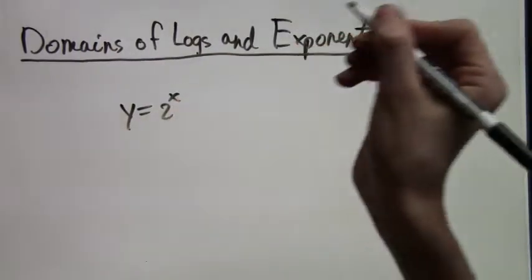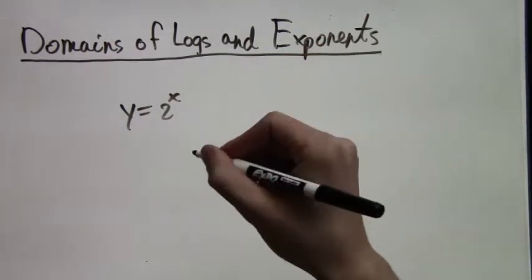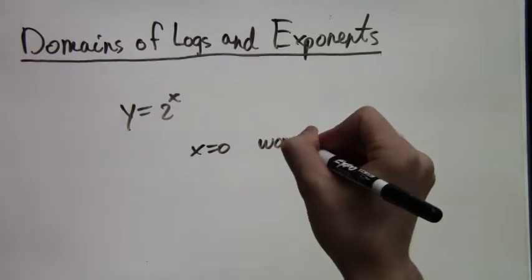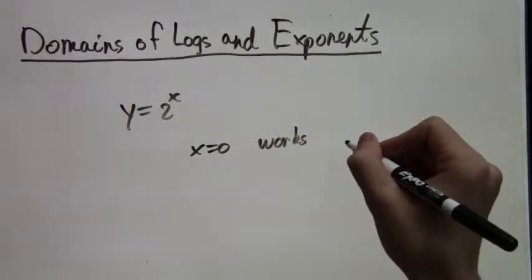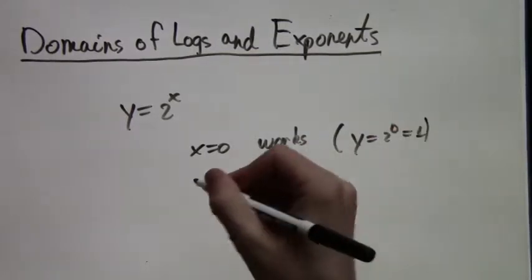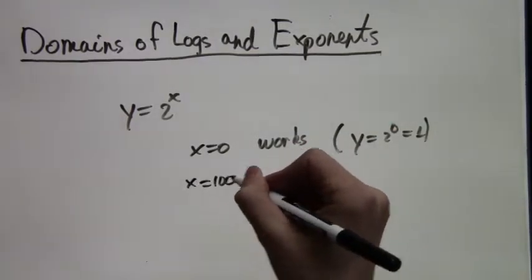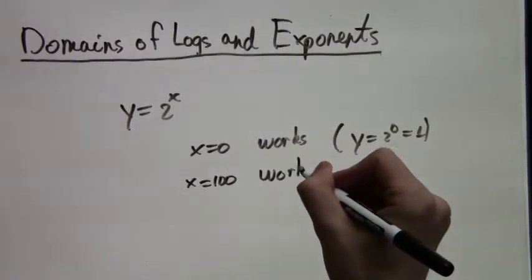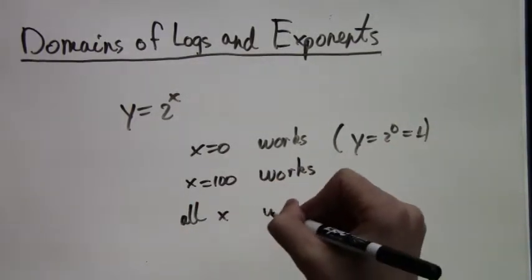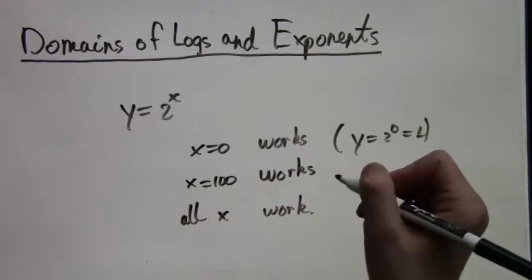So let's start with just y equals 2 to the x. This is an exponent function. We can plug in x equals 0, it works, and we'll get y equals 1 because 2 to the 0 is 1. And we can also plug in x equals 100. It'll be a really big number, but it works fine. In fact, you can plug in any x, and you'll always get some sort of answer.